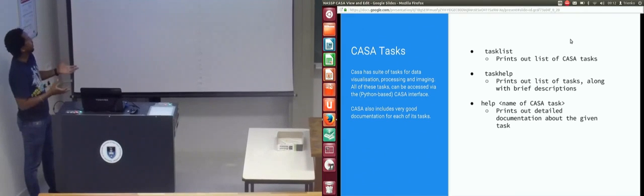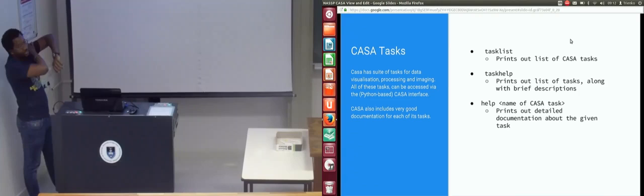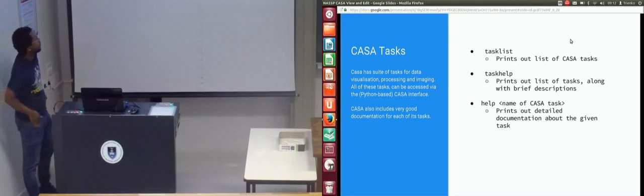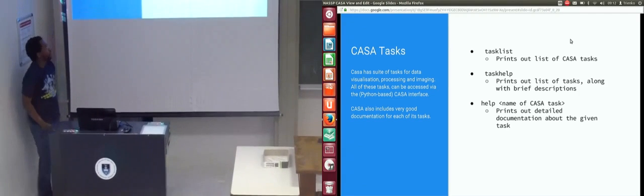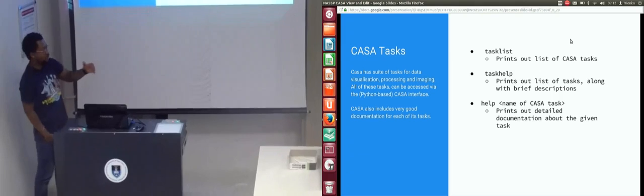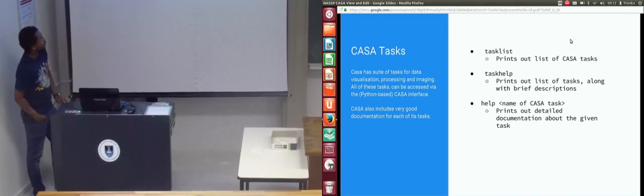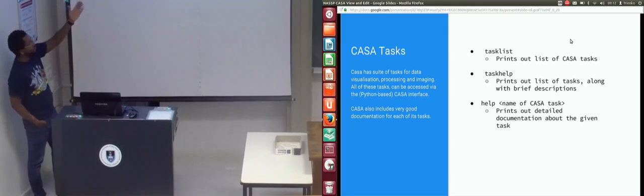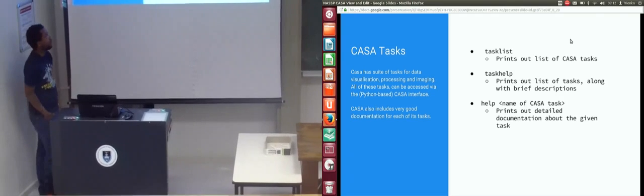Once you are in CASA, all you need to do is run the command tasklist, and it gives you all the tasks that you can perform in CASA. If you need a brief summary of all the tasks and what they do, run taskhelp. And if you need detailed help on any task, type help and give the name of the task, and you bring out very detailed help.